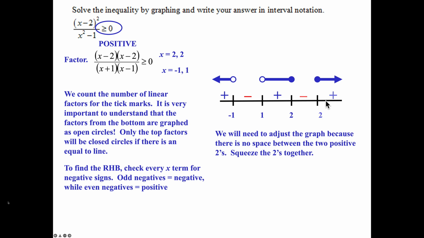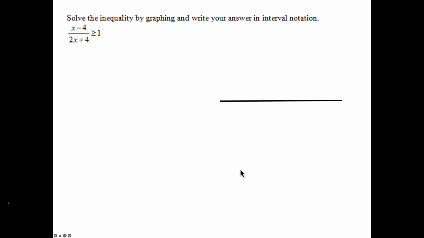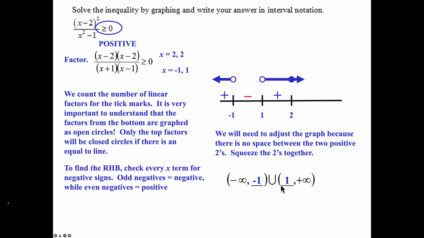So we're going to squeeze that negative area out. And so now your interval notation is -∞ to -1, union 1 to +∞, all parentheses, no brackets because the 2's were the same. Now, if this was an open circle right here, there would be a break or a gap. So when I had the 2 1's with open circles, I didn't squeeze it together because they were open circles. We just left it.